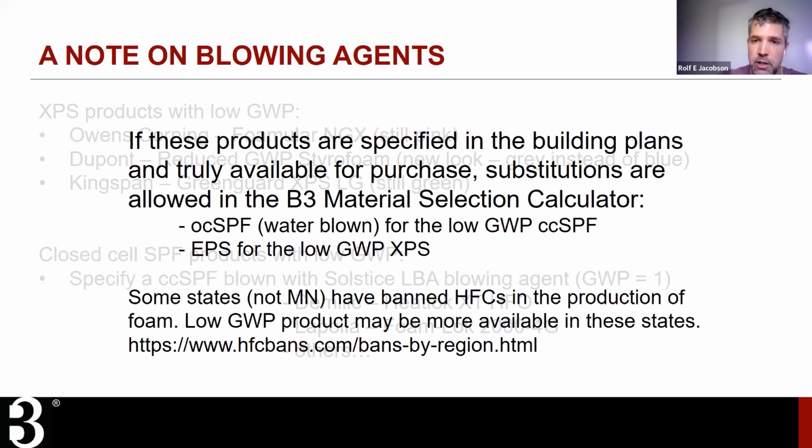But you have to make sure that they're specified and that they're actually available for purchase. My experience in Minnesota is that those products are really hard to find at this time.